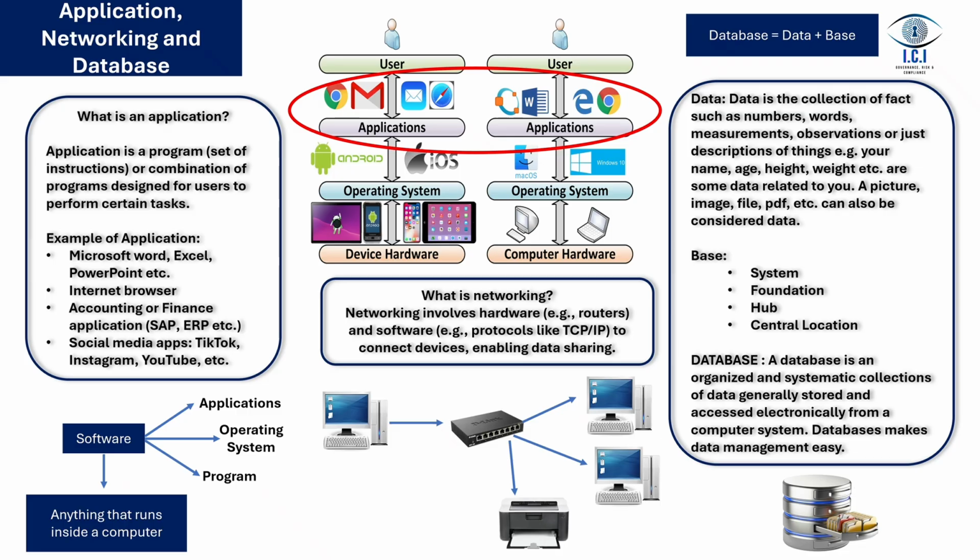You arrange it and put it in a place. You create a place, collect all those data and arrange them properly in a well-structured manner. That place where you arrange and store the data is known as a database.